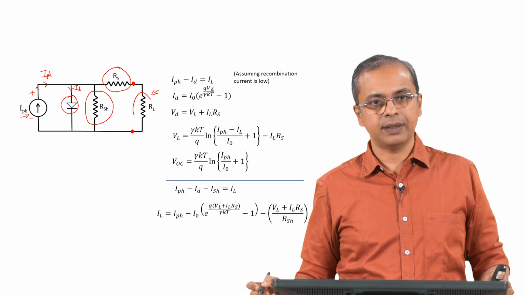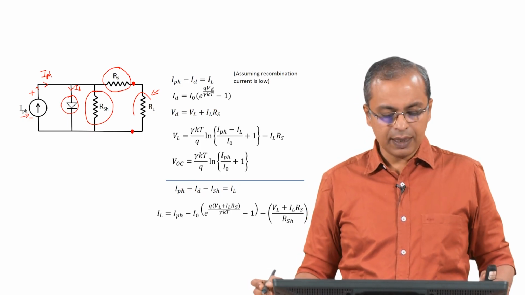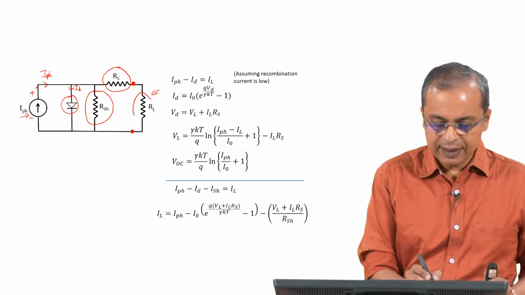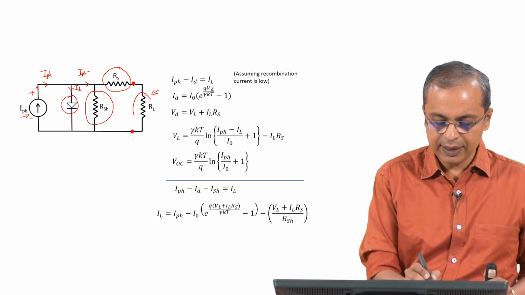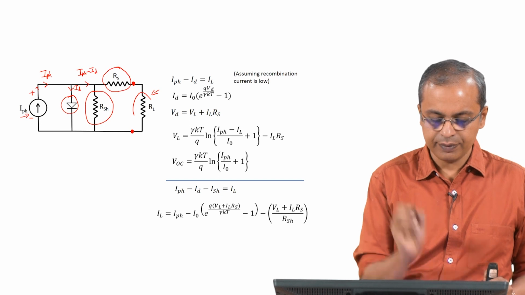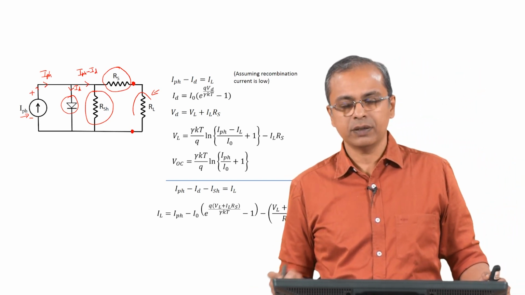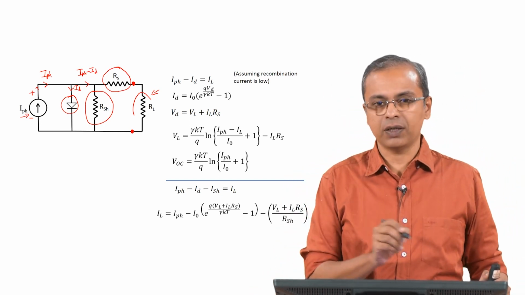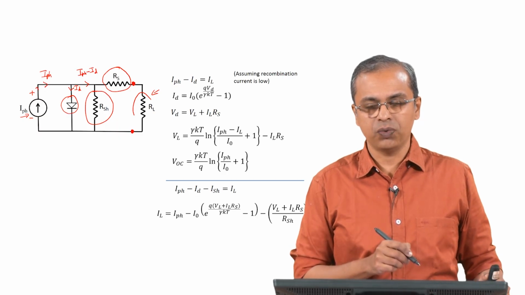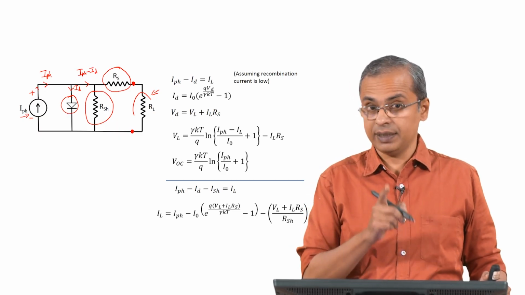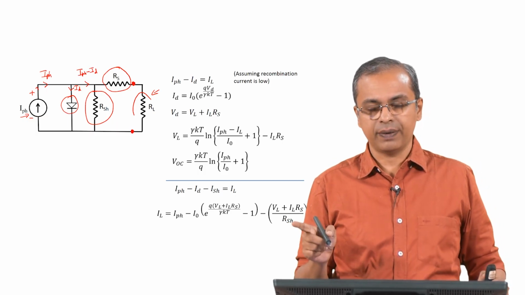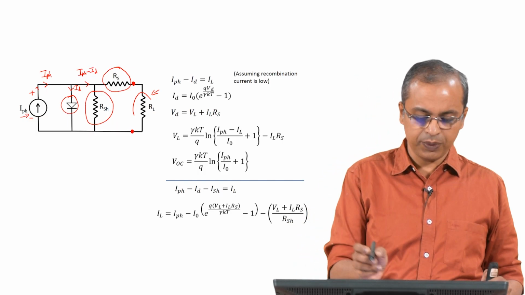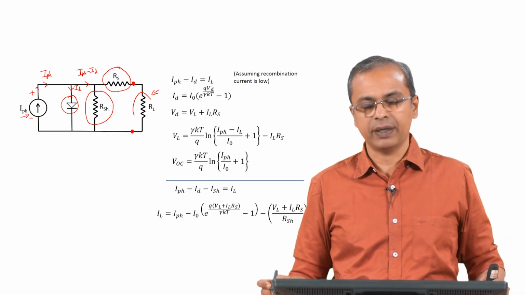So what is the remaining current? The remaining current that is coming here is simply IPH minus I diode. Simple, straightforward. You had IPH start off, I diode went through the diode which is internal to the solar cell, and the remaining current headed towards the external circuit, which is IPH minus I diode.